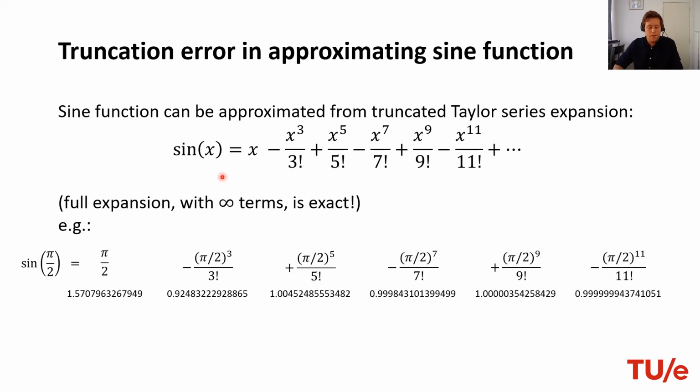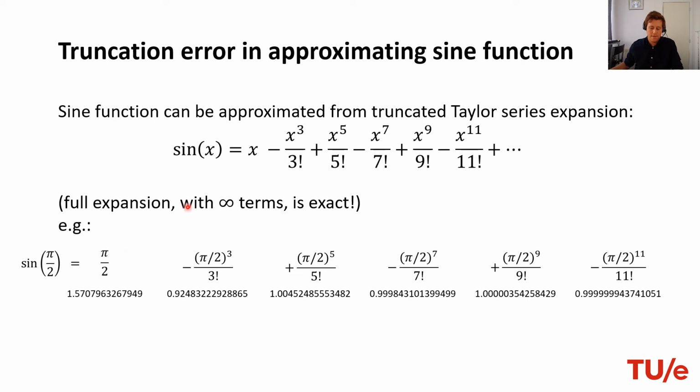And looking at a specific example, let's say we want to compute the sine of pi over 2. Now we know from trigonometry that the sine of pi over 2 is simply equal to 1. Trying to use this Taylor series expansion to compute that sine is simply equal to substituting x is equal to pi over 2 into this Taylor series function here.